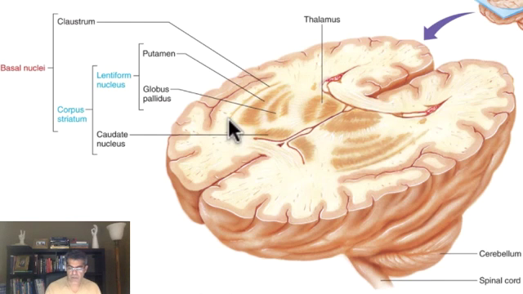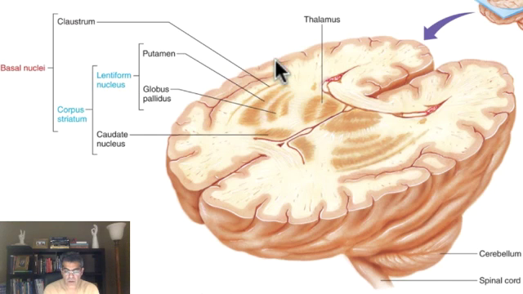So let's do it one more time. This is claustrum, this is putamen, this is globus pallidus. And then you have another one, called caudate nucleus. This is caudate nucleus. You're going to learn this in anatomy later when you take anatomy. I have to add a couple more things here. Because putamen and globus pallidus are next to each other, we call them together lentiform nucleus.